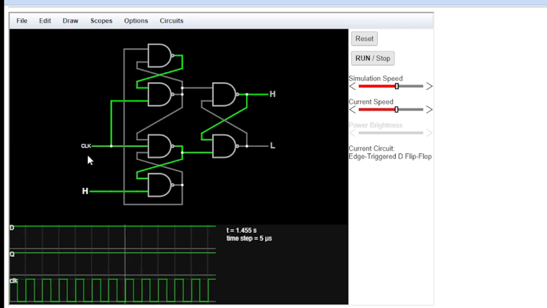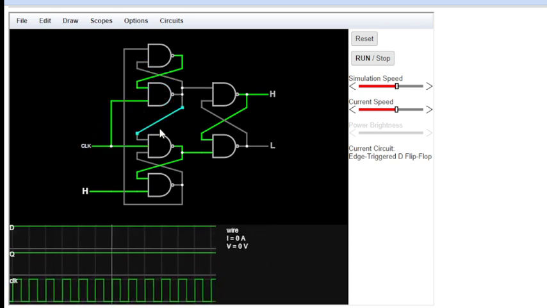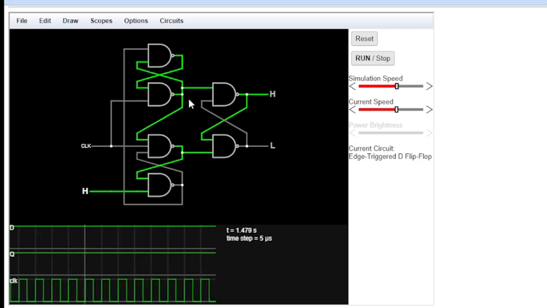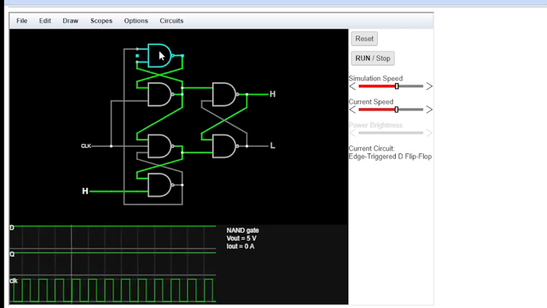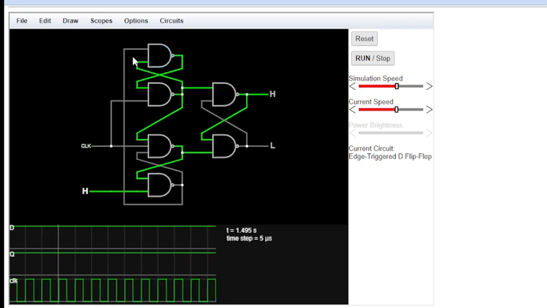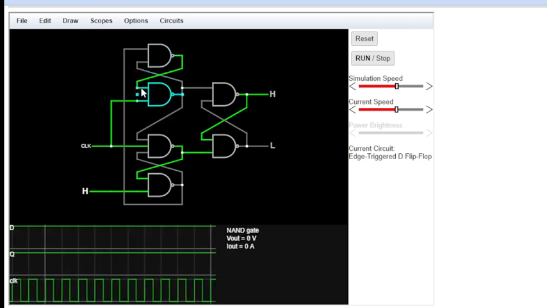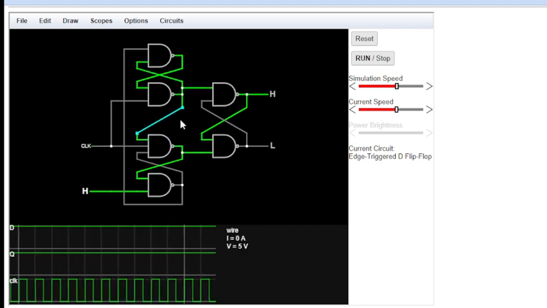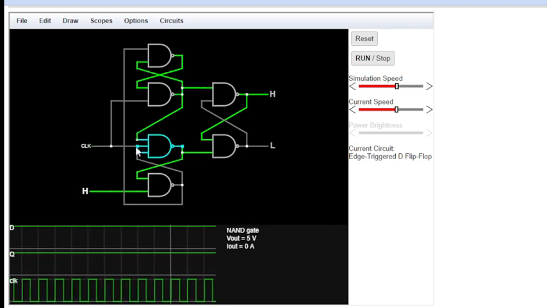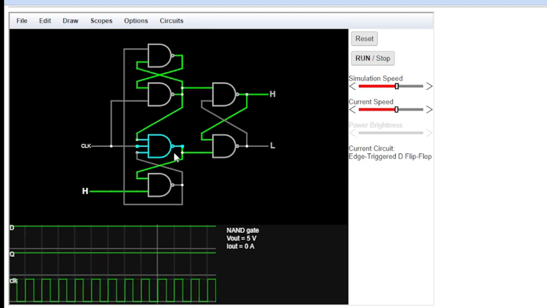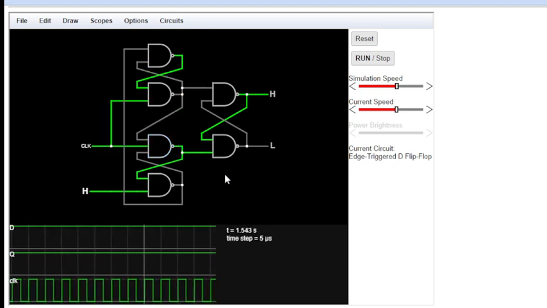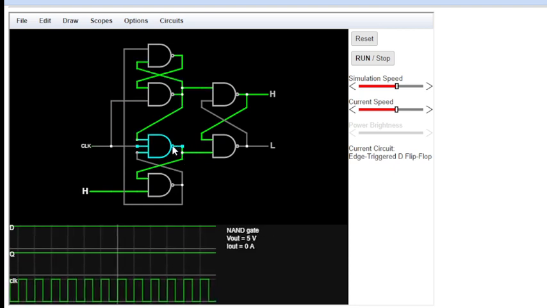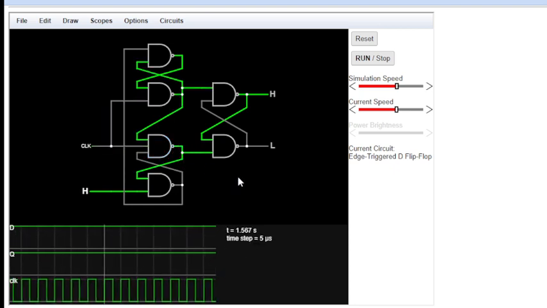When the clock comes here, this NAND gate shows zero output, but with this NAND gate, because this input is giving high input, it gives high. When high comes here, this input becomes low and the output gives a high. This output will be high in any case. Why in any case?